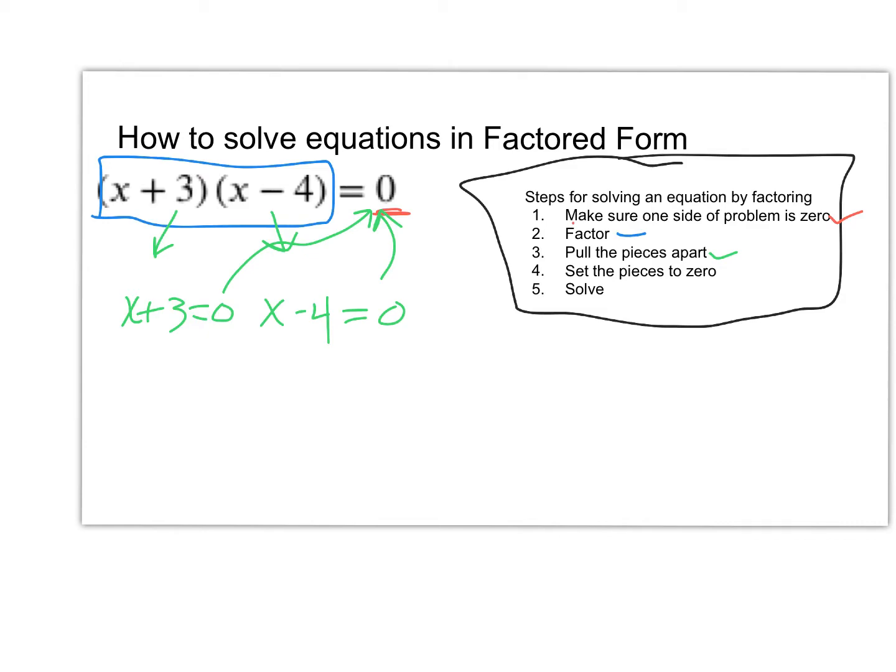And then solve the equations. So if x plus 3 is equal to 0, you'd minus the 3. So x equals negative 3. And again, x minus 4 equals 0, so you'd add the 4. So x is equal to 4. And you're done. There's your two solutions to this thing. Pretty simple. All right, let's go to the next example.